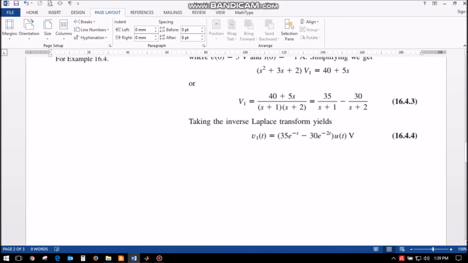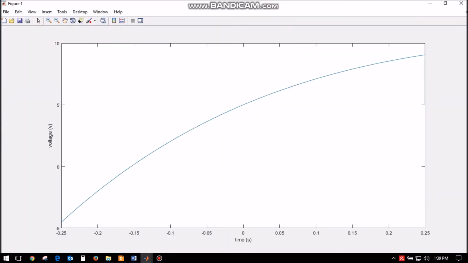However, if you look at the question, look at the answer, it's actually a signal of u(t). So meaning that the signal only exists during the positive time, the positive part of the plot. Less than 0 is 0 voltage.